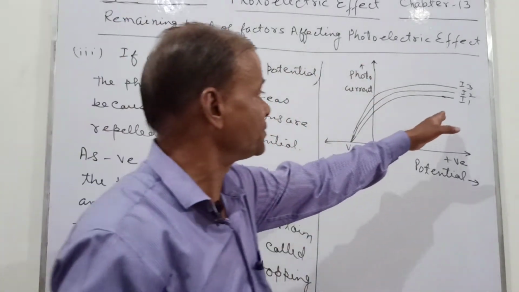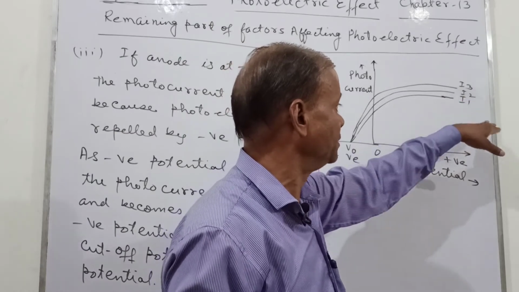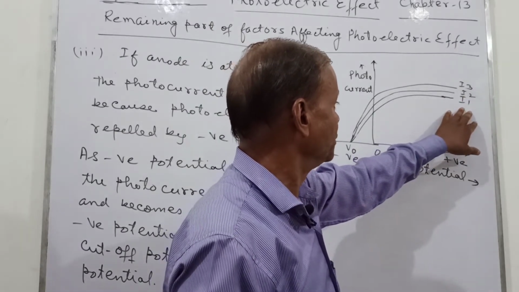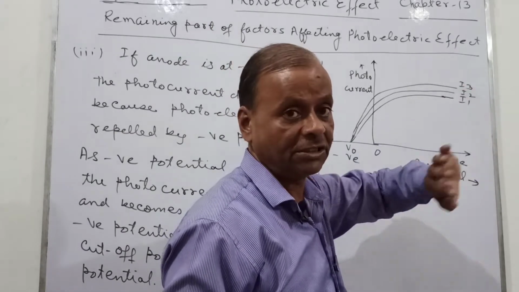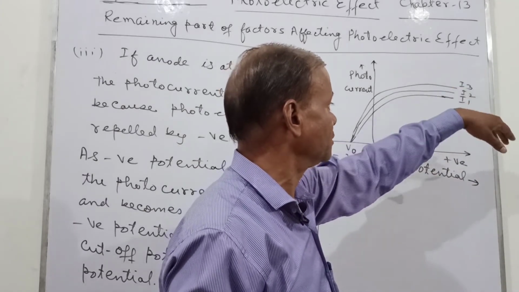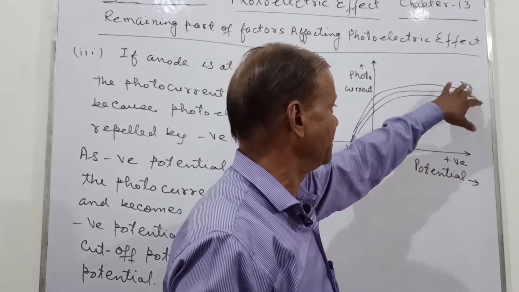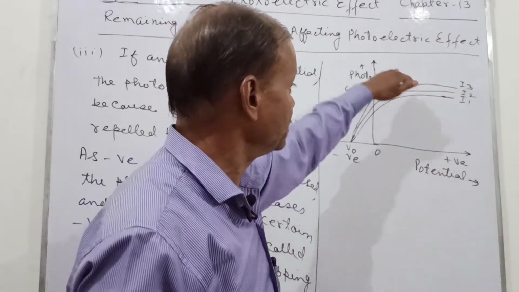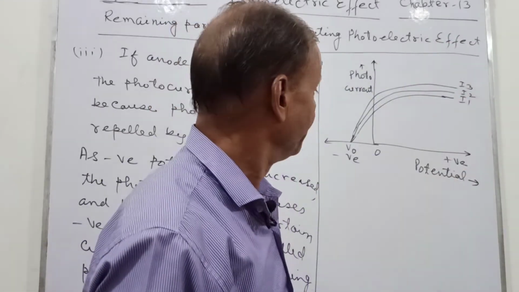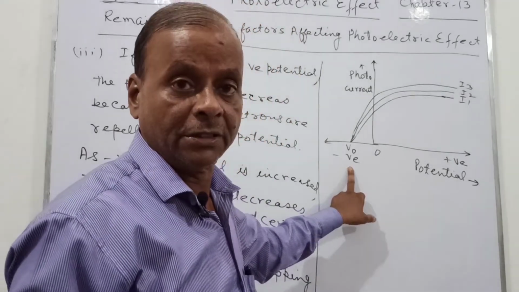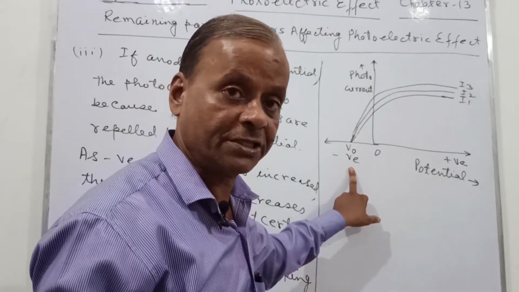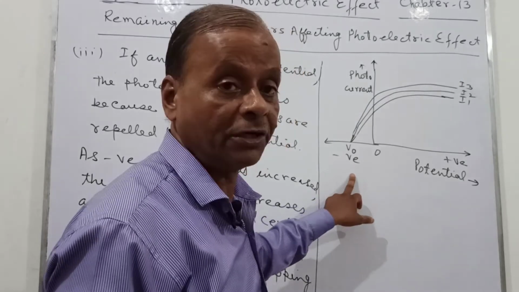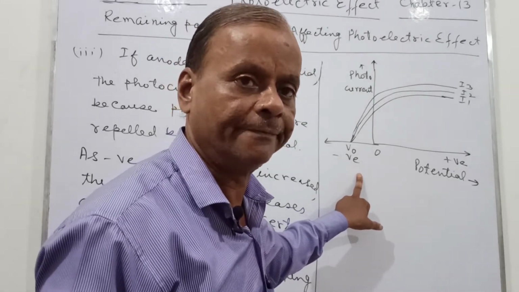So when the intensity is increased, I1 is more than I2, more than I3, so this is in increasing order. I3 is the maximum one, then this photocurrent also increases. So this is the saturated current. So when the frequency is kept constant, then this cutoff voltage is the same.